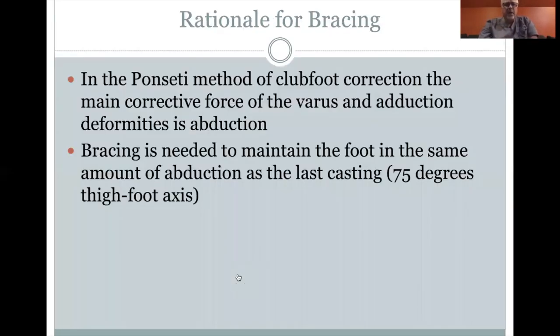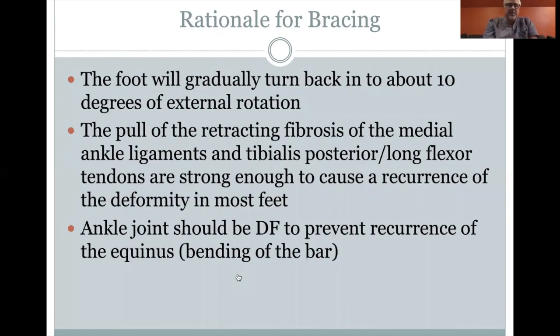The rationale for bracing is that in the Ponseti method of clubfoot correction, the main corrective force of the varus and adduction is abduction. So that's why we're trying to hold the foot in an abducted position and a little excessive abduction. Bracing is needed to maintain the foot in the same amount of abduction as the last cast, which is about 75 degrees of the thigh-foot axis.